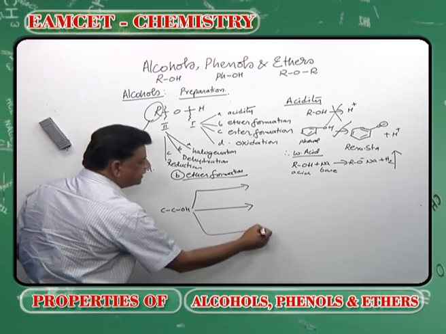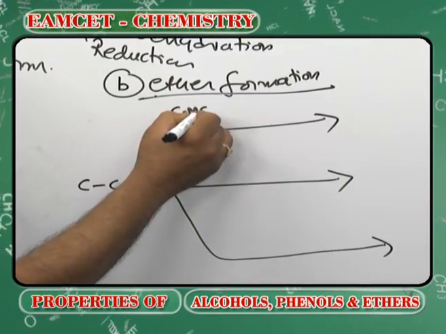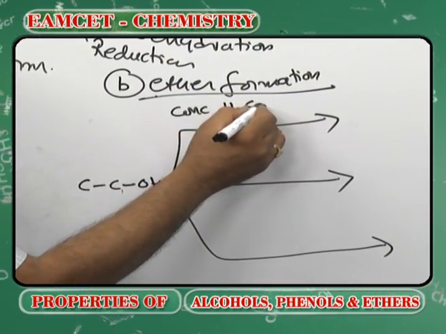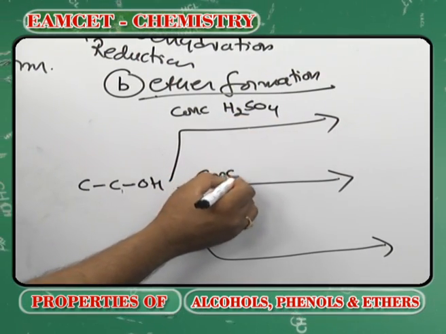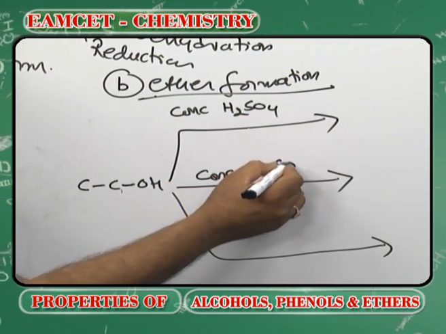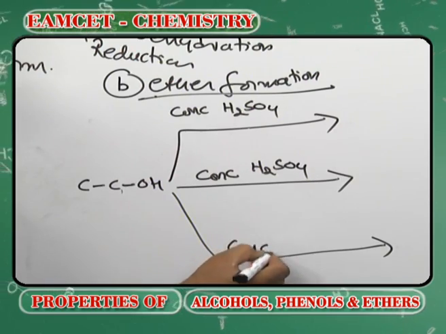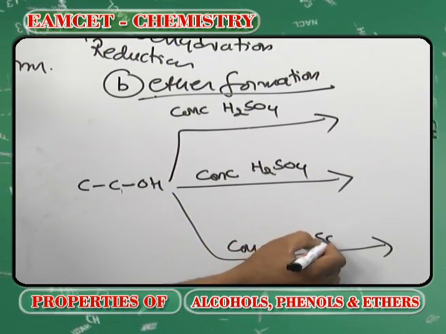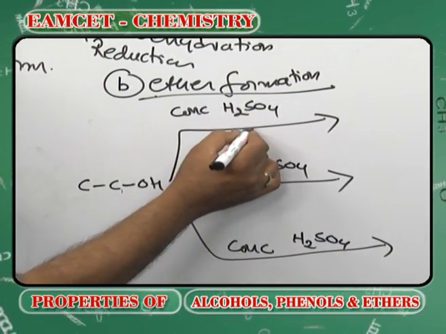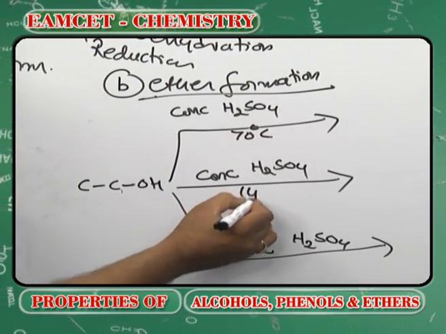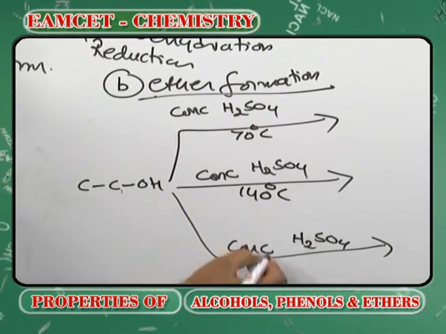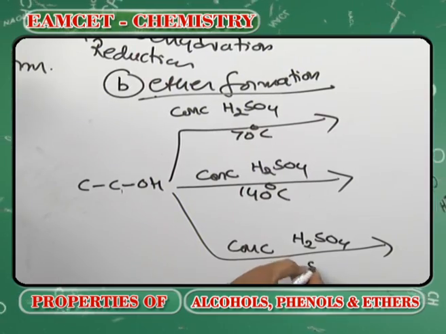In all three cases, we are using concentrated H2SO4. The reaction is with sulfuric acid only, but the difference is the temperature: one is around 70 degrees centigrade, one at 140 degrees centigrade, and one at 170 degrees centigrade.